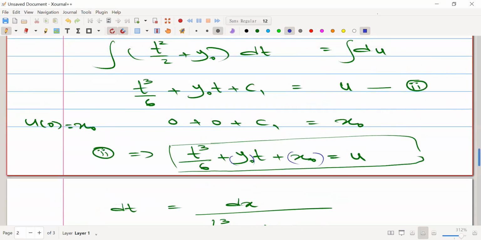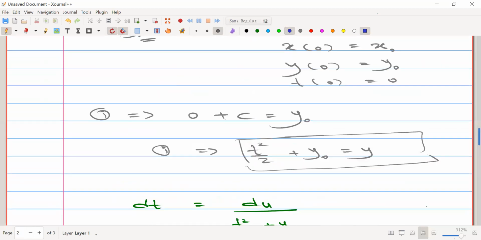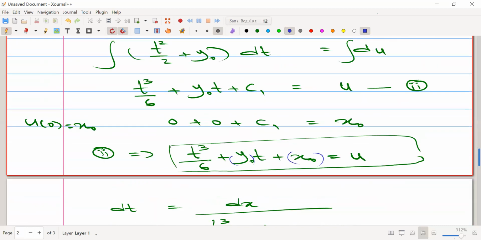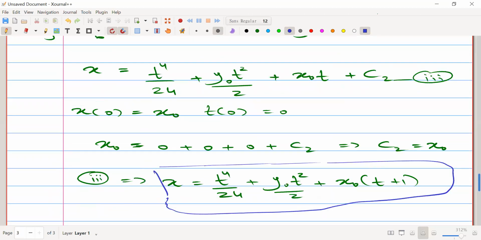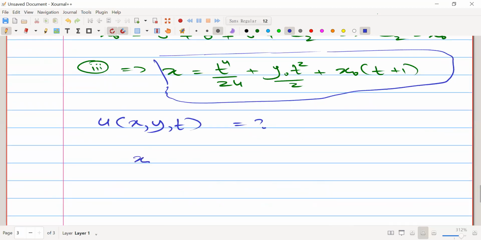So from this expression, if you work out y naught, this implies that y naught equals y minus 2t squared over 2. And from here we have the expression for x naught.